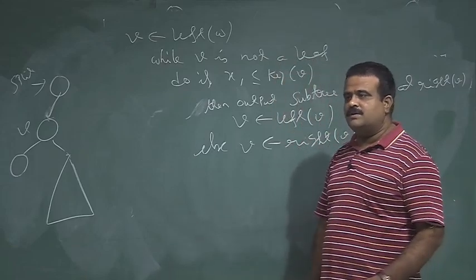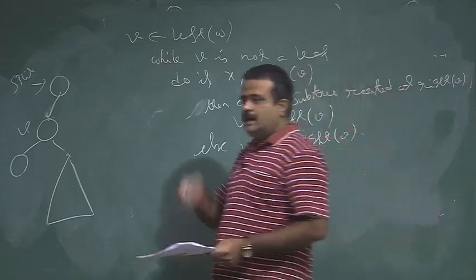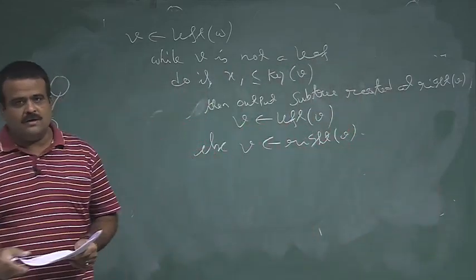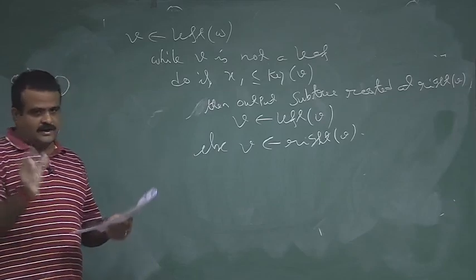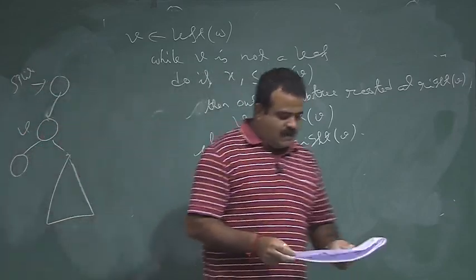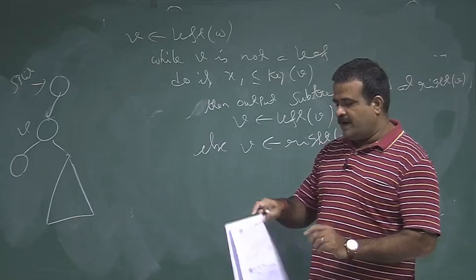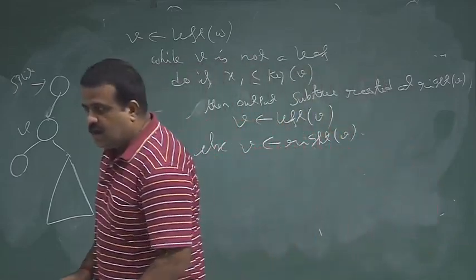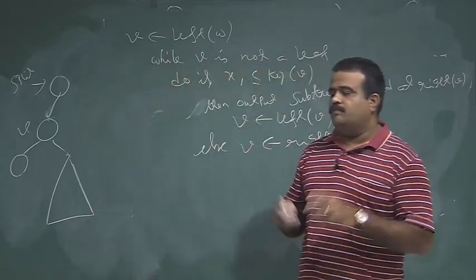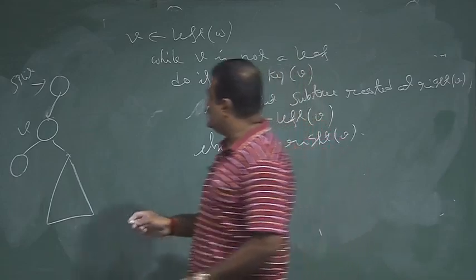Once it is a leaf node, we check whether that node belongs to the range. So this is the pseudo code for finding the points in that range.